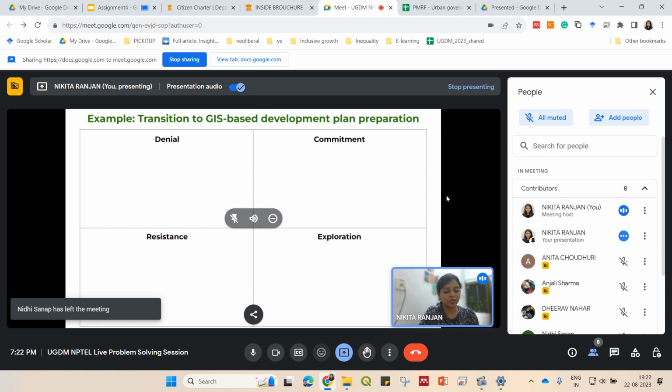Please let me know what you can do to navigate the stage better in order to help your team get over the stage of denial that your team is going to have, to transition to a GIS-based development plan preparation system. Anyone can answer? Please go ahead.